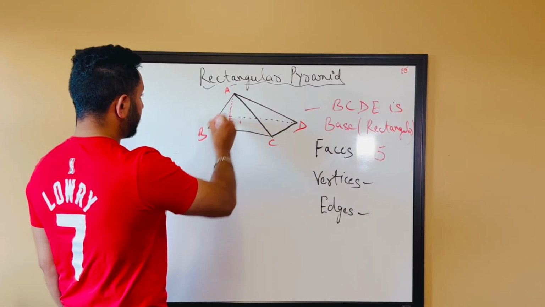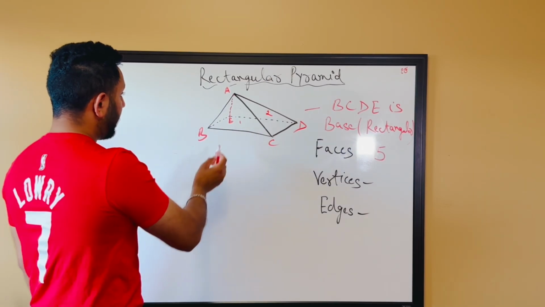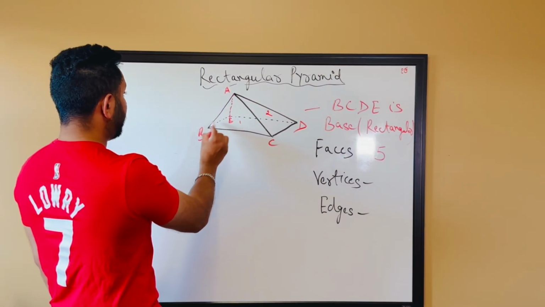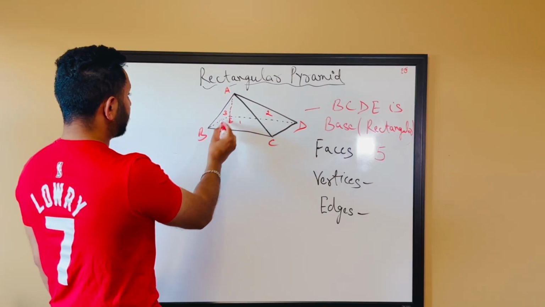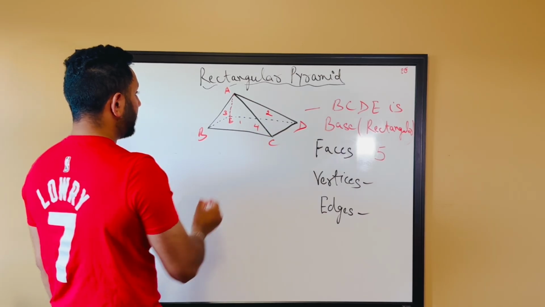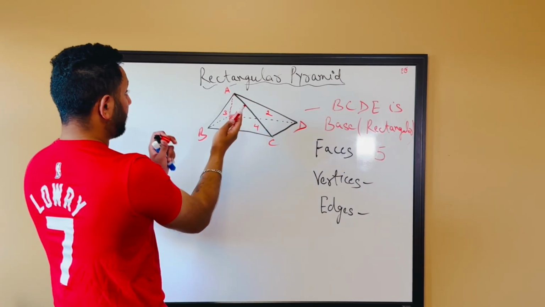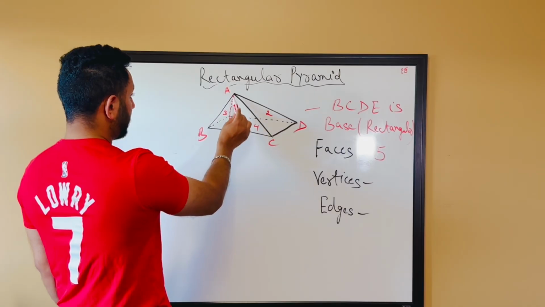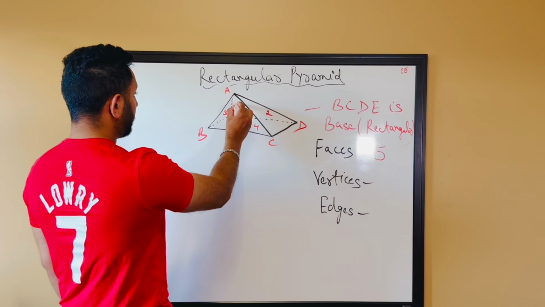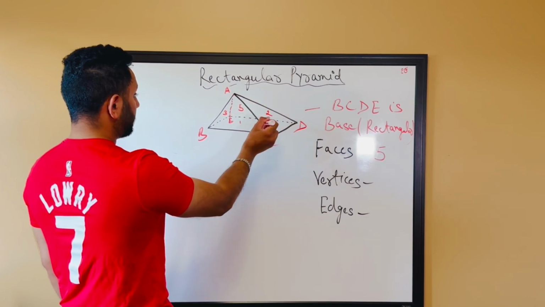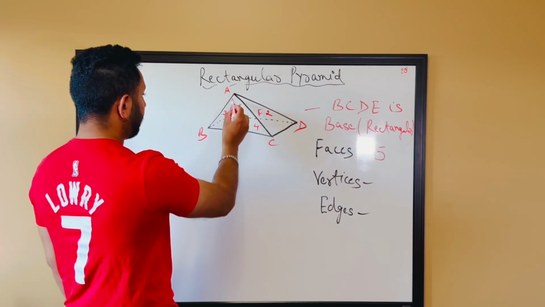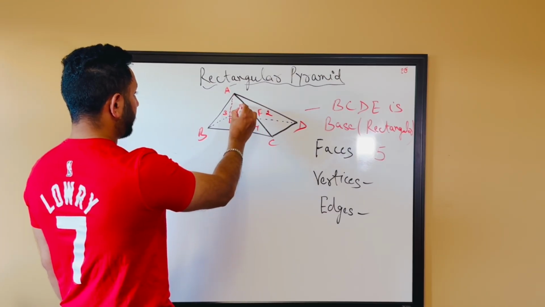Like this is first and this is second, and the side face A, E, B is the third one, and this base, which is in the form of a rectangle, is the fourth one, and the back face which we cannot draw. So this imaginary triangle is the back face. So this is the fifth one. We can name this as F, like A, E, F is the fifth one.